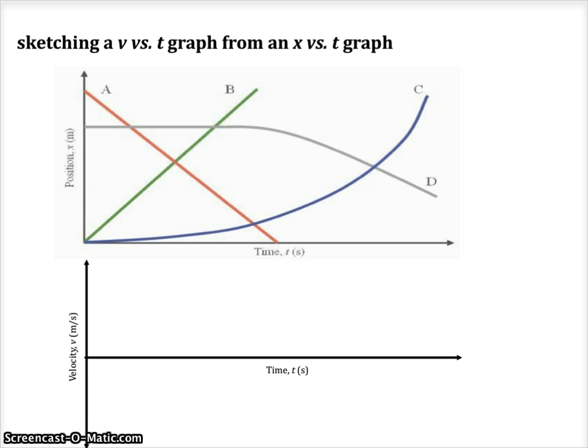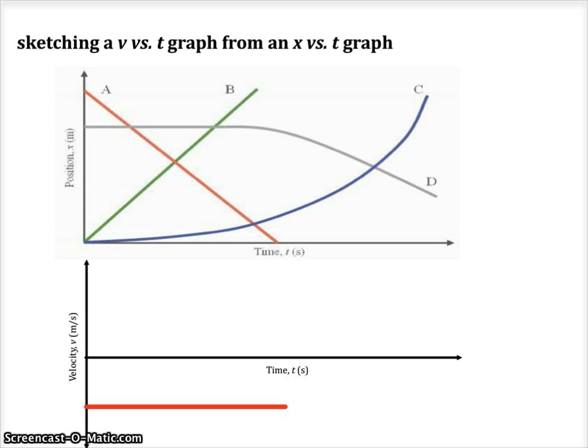That is an indication of constant speed, constantly changing something's position with time, very consistent motion. On our velocity versus time graph, that's going to show up as a horizontal line. But because that slope from the top graph is negative, the velocity on the bottom graph is negative. This object is moving backward.